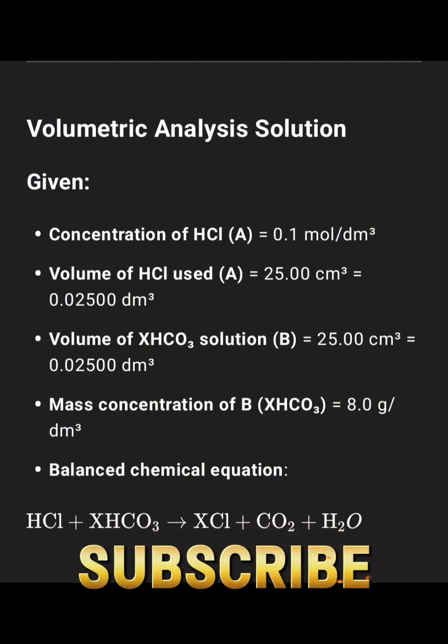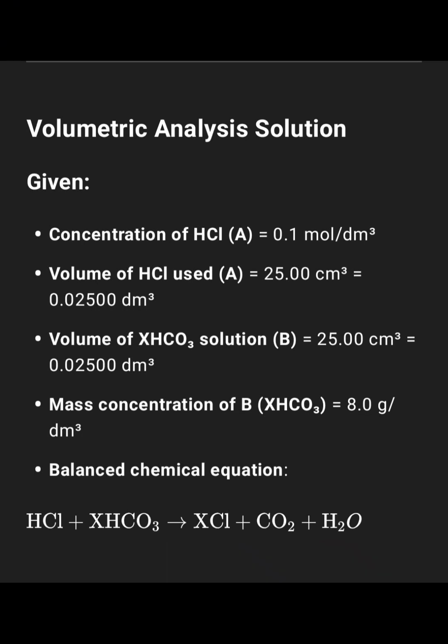When you convert it, it gives dm cube, but let's leave it as 25 cm cube first. Then the volume of our base, the one we pipetted with our pipette, is 25 cm cube. Then the mass concentration of B is 8 gram per dm cube, and we have our balanced equation as also given.